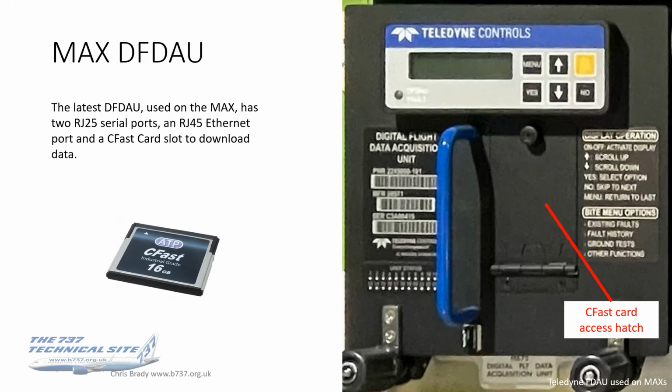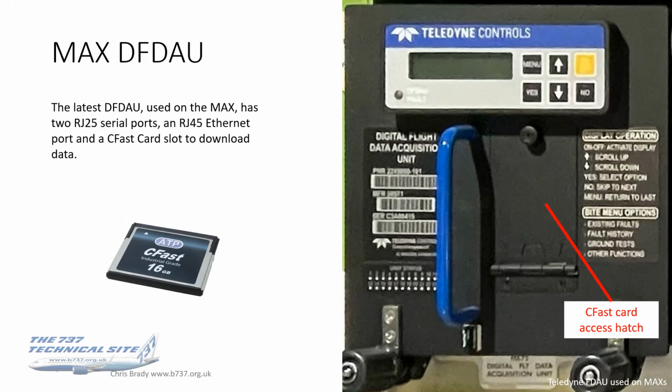On the Macs, the digital flight data unit looks like this. I think it's also in use on some late model NGs as well, but I'm not quite sure. It's certainly in use pretty much exclusively on the Macs.